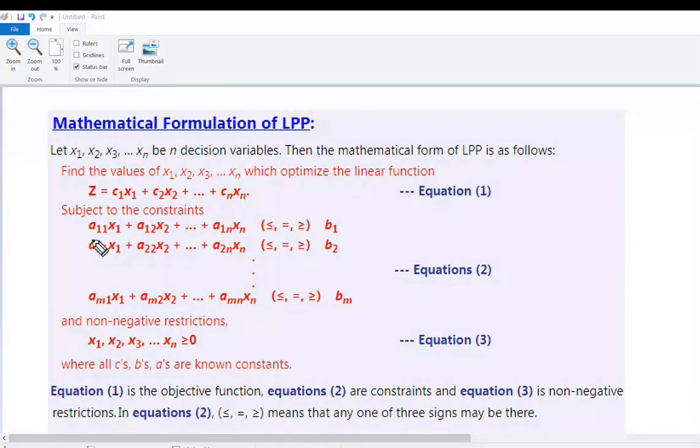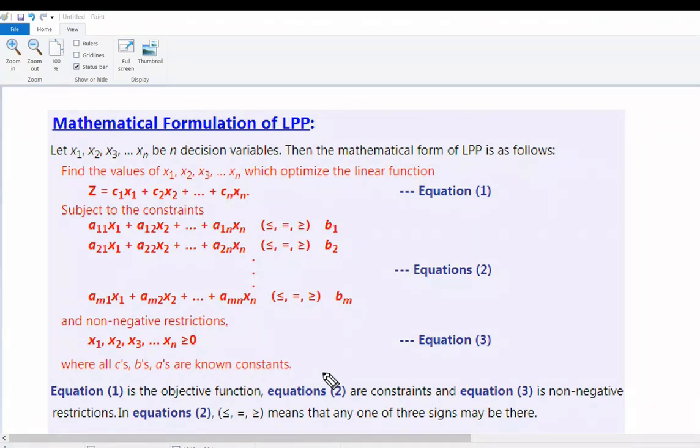The condition is that all the restrictions you define should have non-negative values. It should not have any negative values. Also concentrate on the unknown constants to be considered in order to define the values.